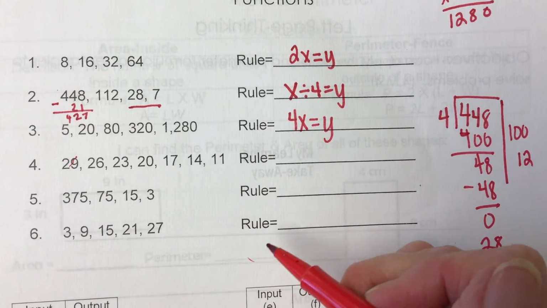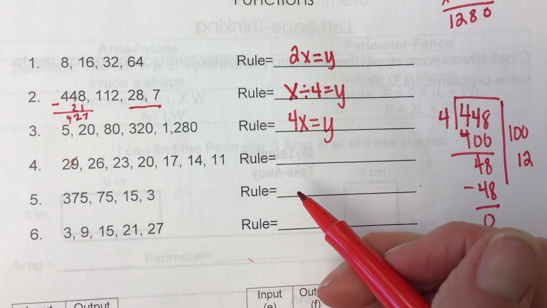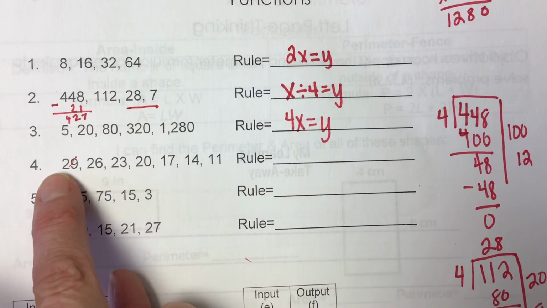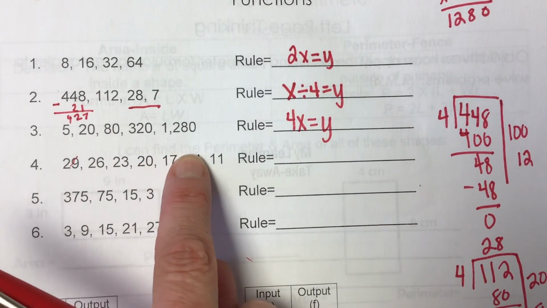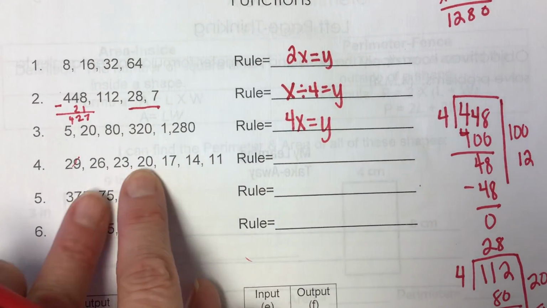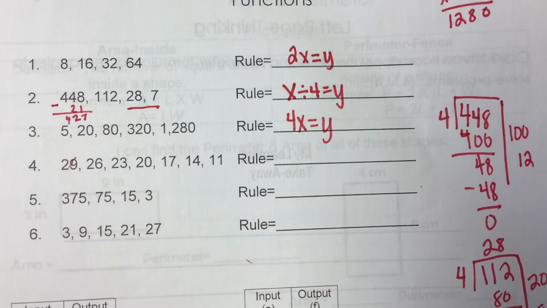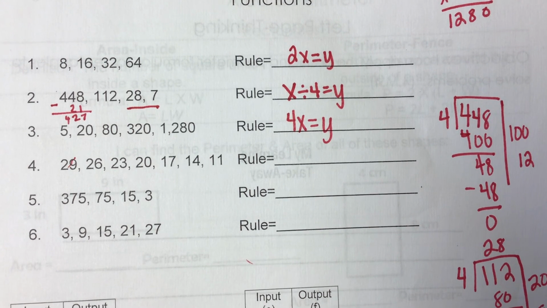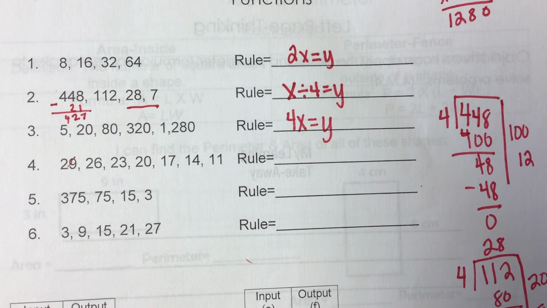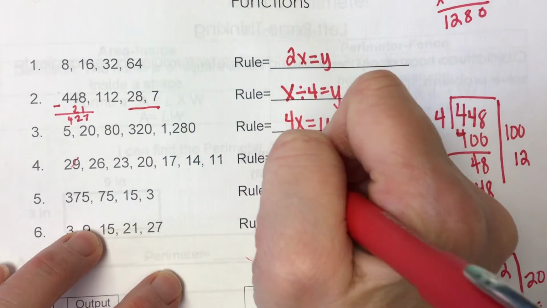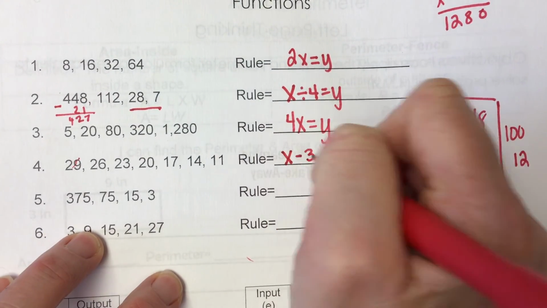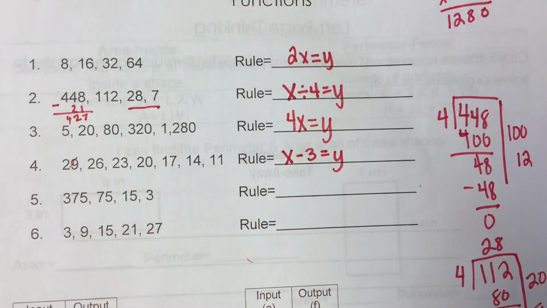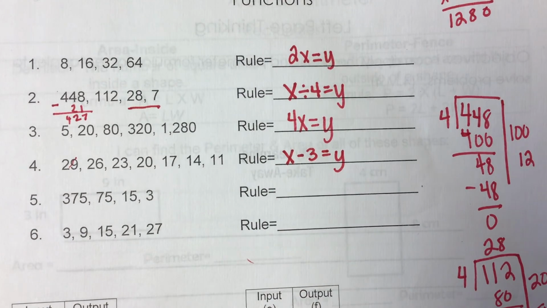Maybe 11 divided by 3 equals y. Okay, we didn't divide. What did we do? Subtract. We subtracted, and we're not going to use one of these numbers because the rule can apply to any number. So what do I use instead of a number? A variable. So it's x minus 3 equals y. Okay?